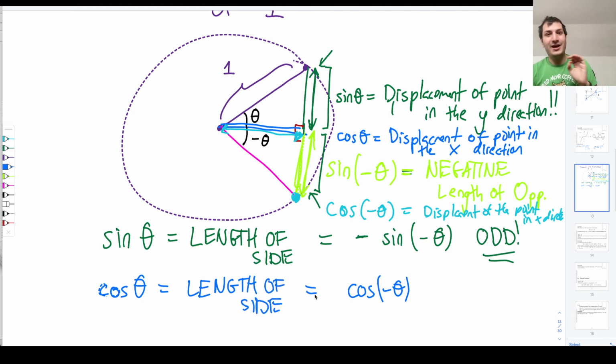Okay, and to be crystal clear and not confuse it with the sine case, for sine, it was the vertical side, and for cosine, it is the horizontal side. That is why cosine is an even function.